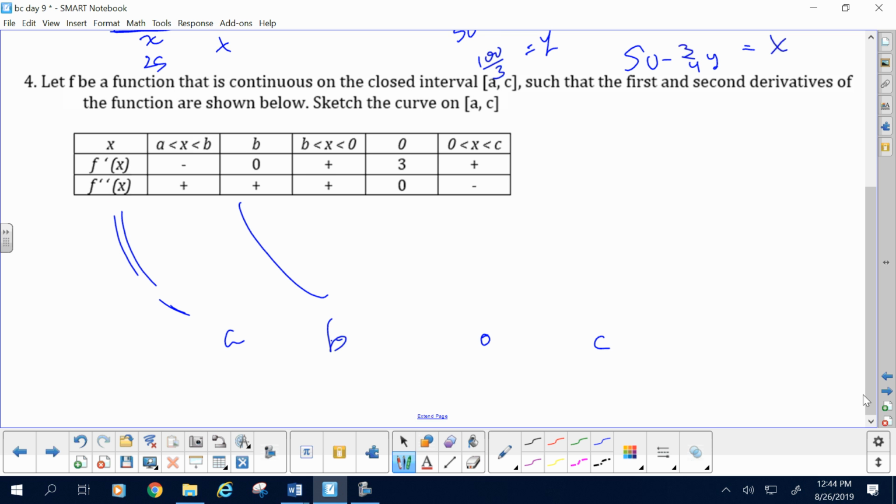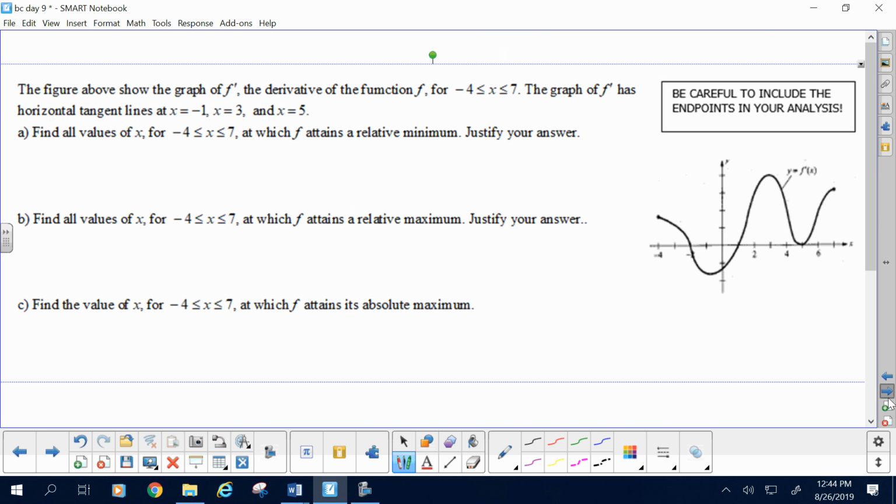At B, what's it doing? Flat, concave up. From B to 0, what's it doing? Increasing, concave up. At 0, is it flat or still sloping up? Sloping up. And what is the second derivative doing at 0? The inflection point. After that, it's increasing concave down. So did you give it something like that? Yes. Okay.